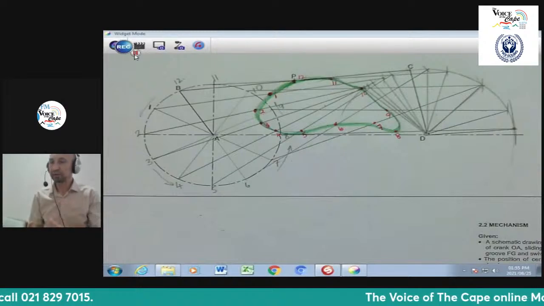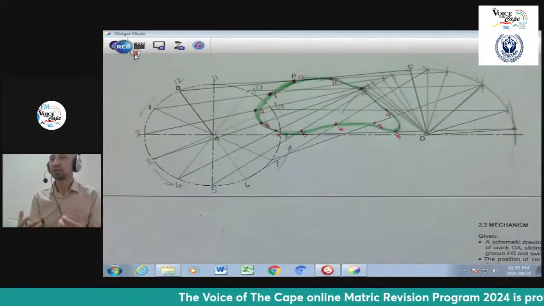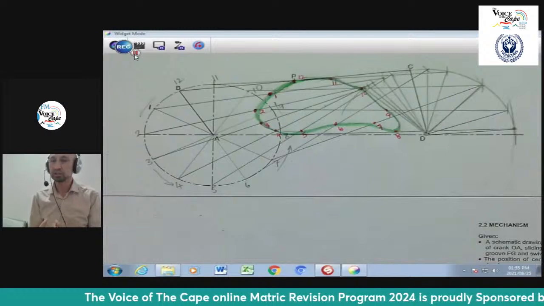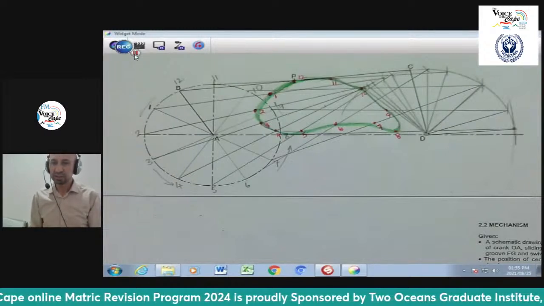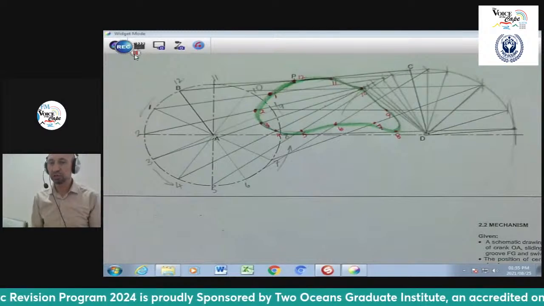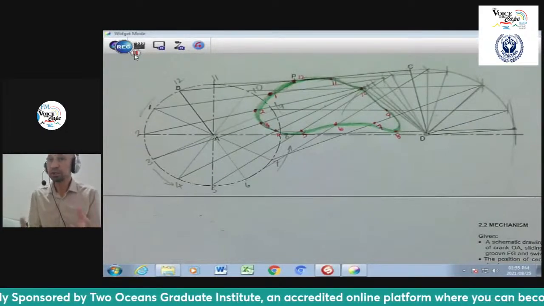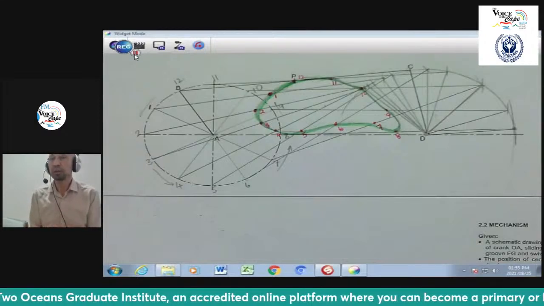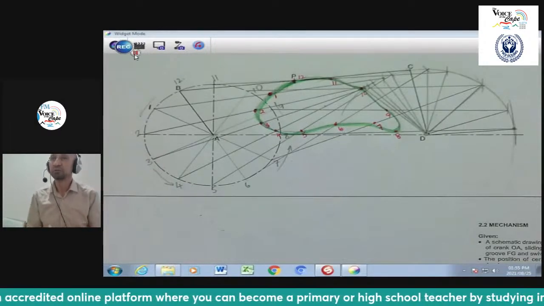A certain pattern that was repeated 11 times based on understanding of what needs to be done. Okay, so that basically concludes our session for today, which is a combination of a cam and mechanisms. It possibly could be coming in the exam like that, and if it does, you will be fully prepared for that.